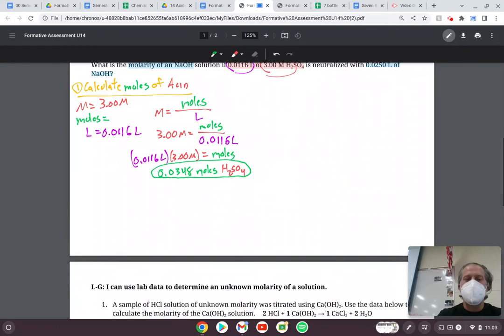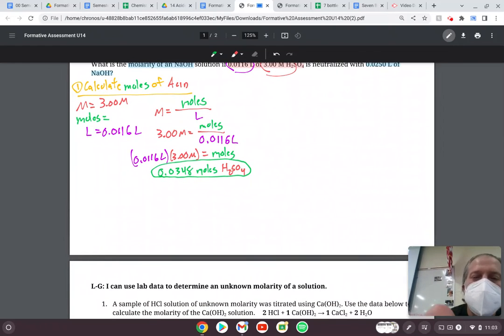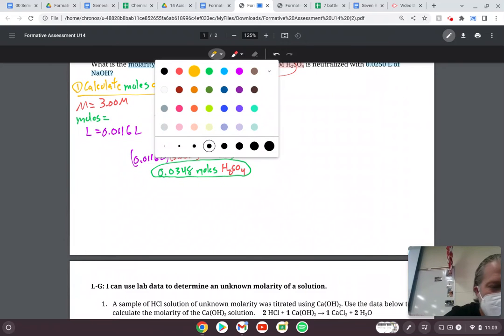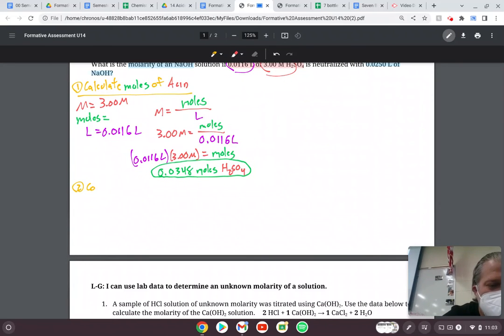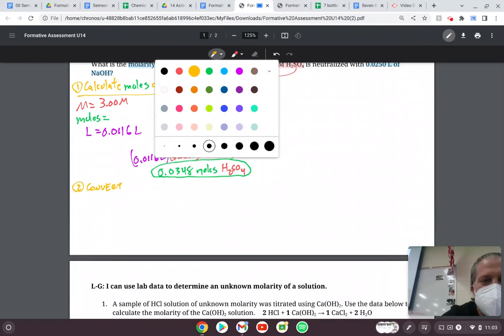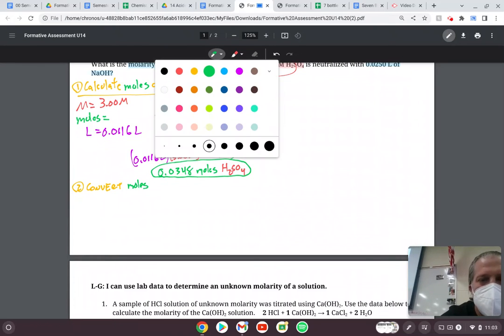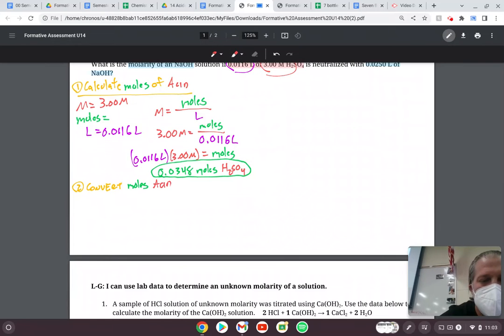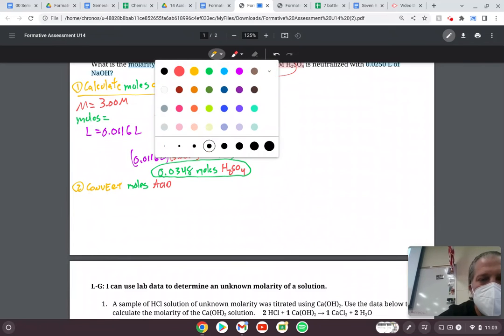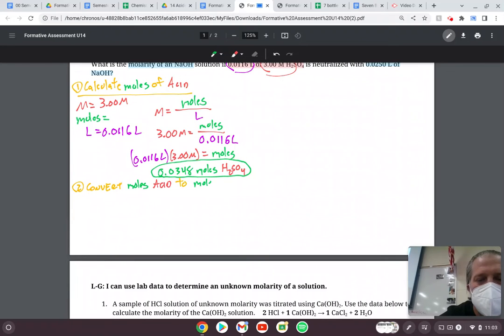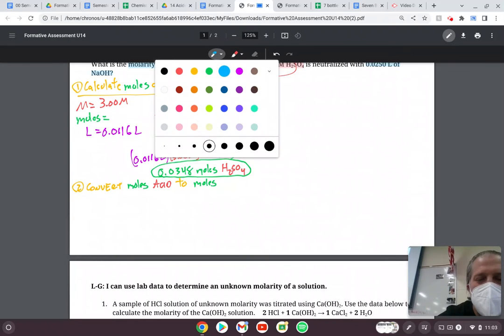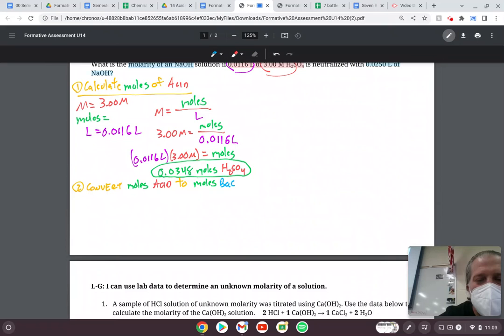Our second step is to convert moles of acid to moles of base. So step number 2 is convert moles of acid to moles of base. And we're going to do that with a stoichiometry calculation.